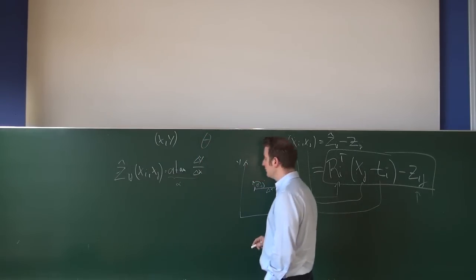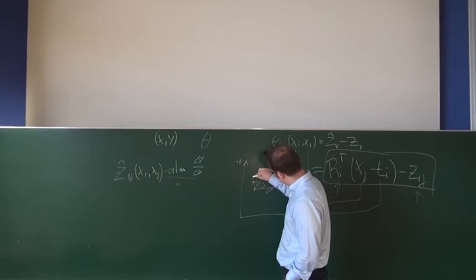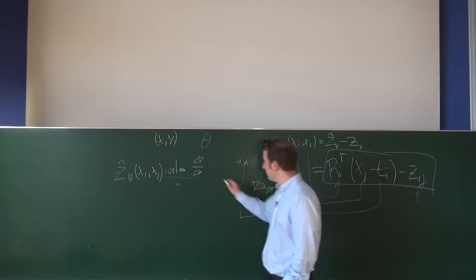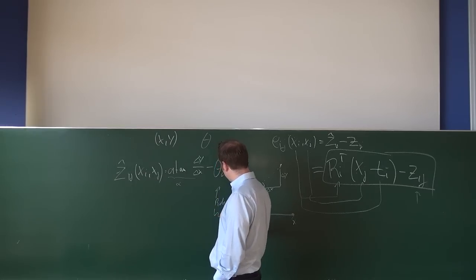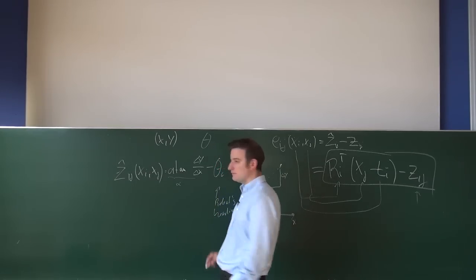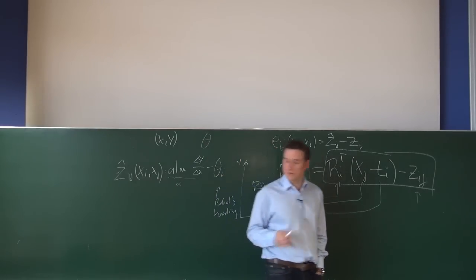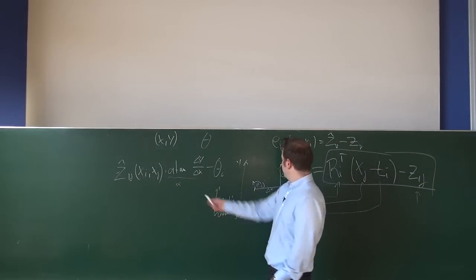That's my alpha, and then this is the full heading of the robot at the moment. I'm interested in this angle, so I need to subtract the orientation of the robot, the robot's heading. This delta x and delta y is directly computed from the x and y locations.